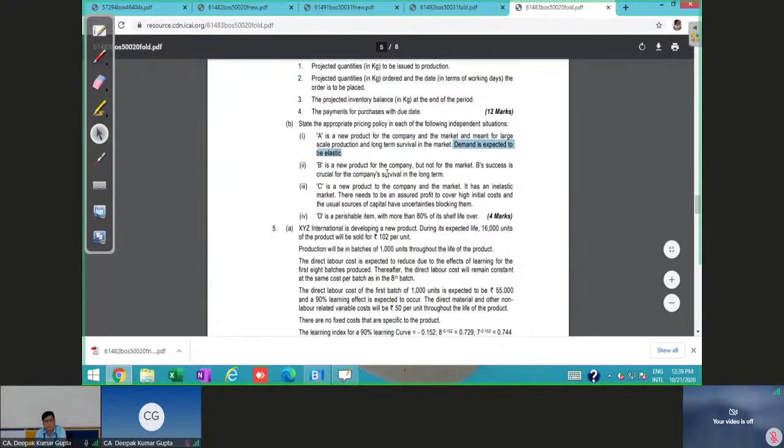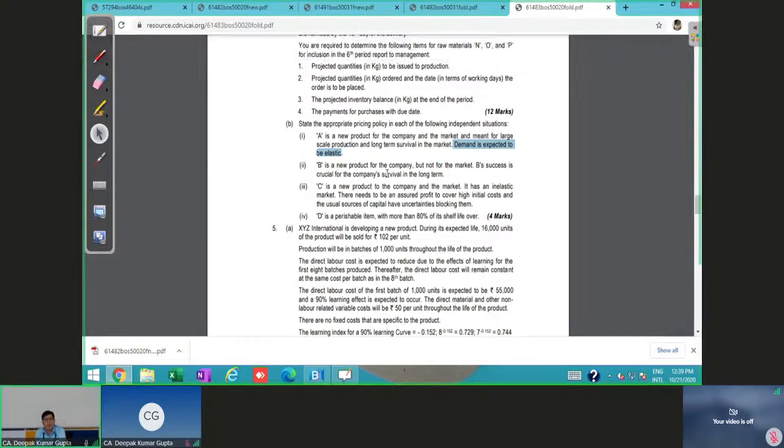Here it has been written that demand is expected to be elastic. Therefore, here we have to follow a market penetration pricing policy. We will try to keep our price low.